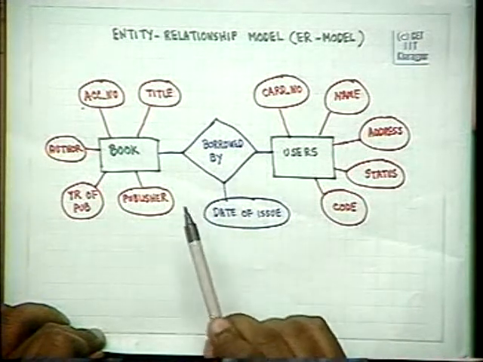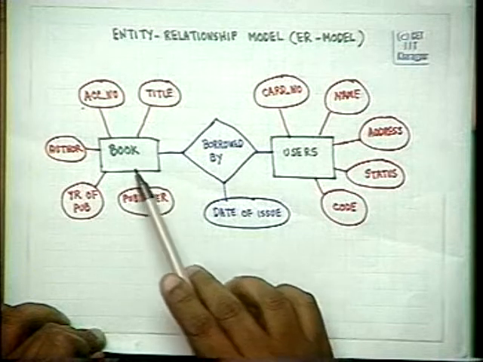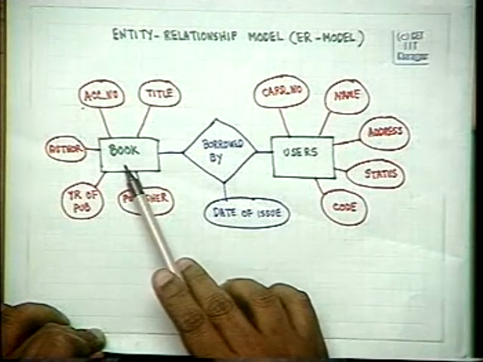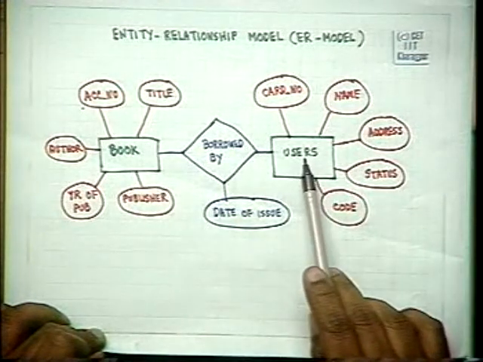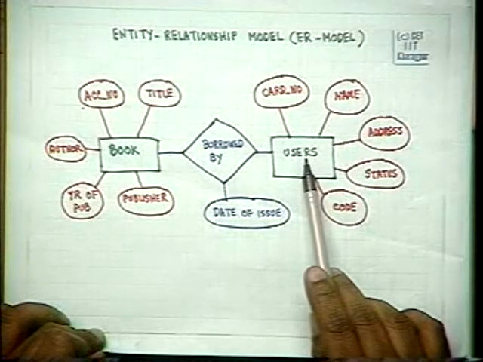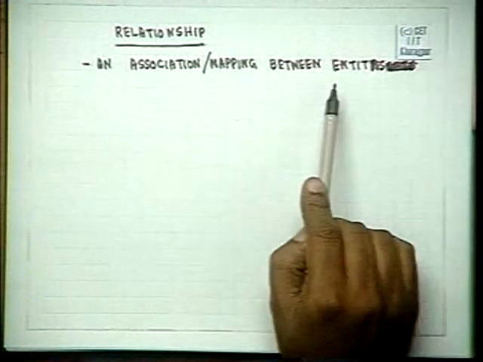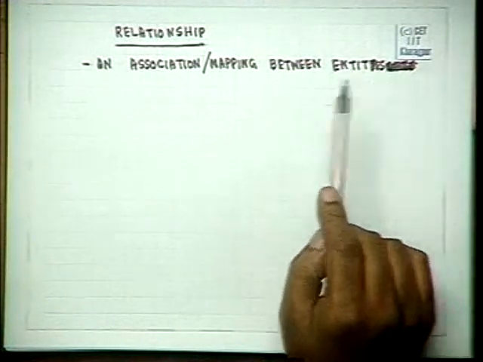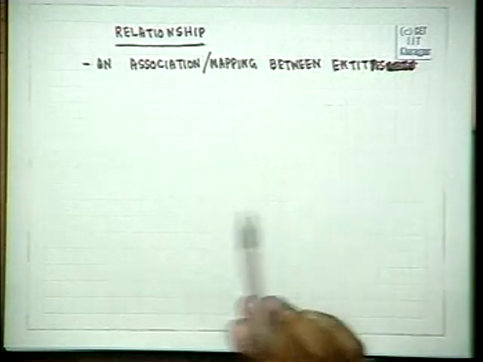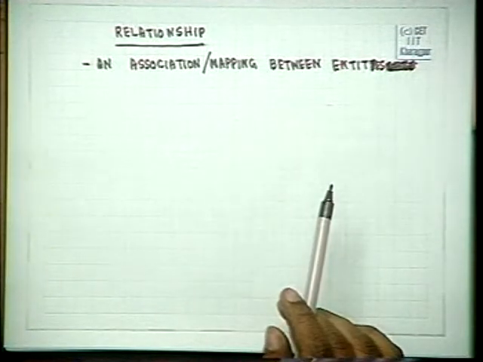The relationship borrowed by is a mapping from the entity book to an entity user. So it is an association or mapping between entities. So given two entities, whether there is a mapping between these two entities identifies a particular relationship.